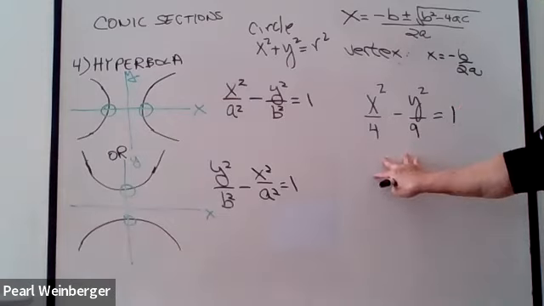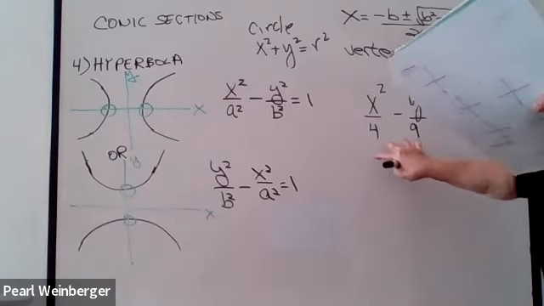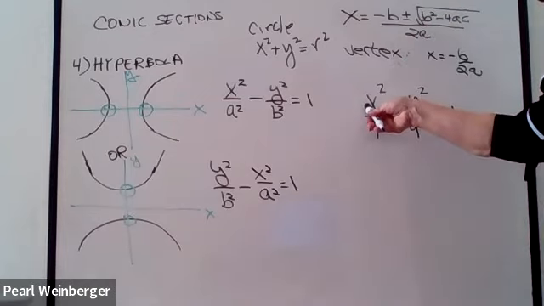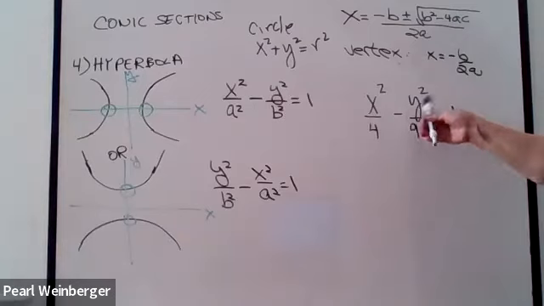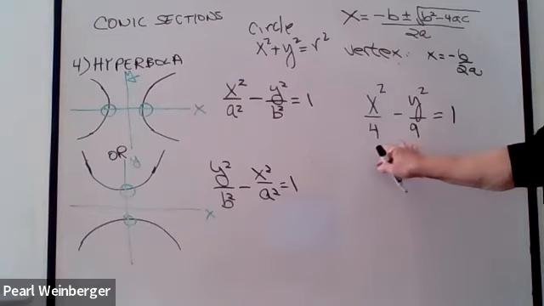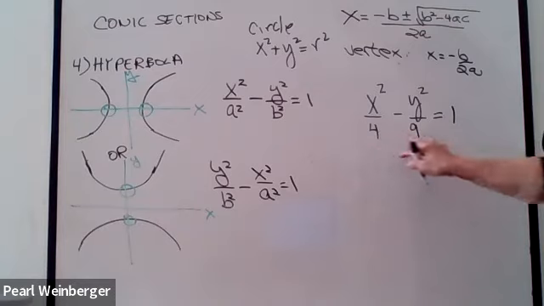I right away would recognize this to be a hyperbola. It has an x squared in it, it has a y squared in it, and between the x squared and the y squared, there's a minus sign. It's also in standard format.